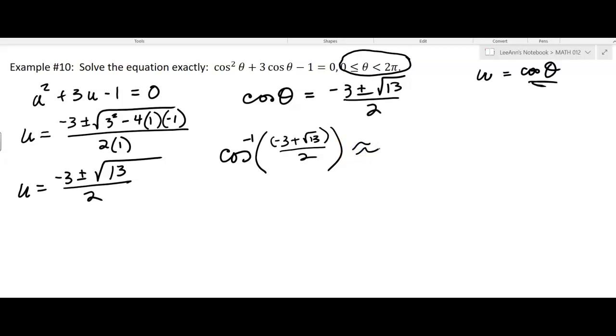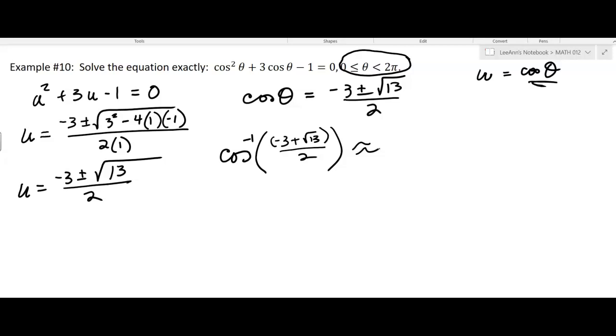I didn't do this one beforehand. So inverse cosine, and that gives me a parenthesis, but I have to open another parenthesis. Negative 3 plus the square root, which opens another parenthesis, 13, close the square root, close the numerator, and then divide that by 2, close the whole thing off, push equals, and I get an answer.